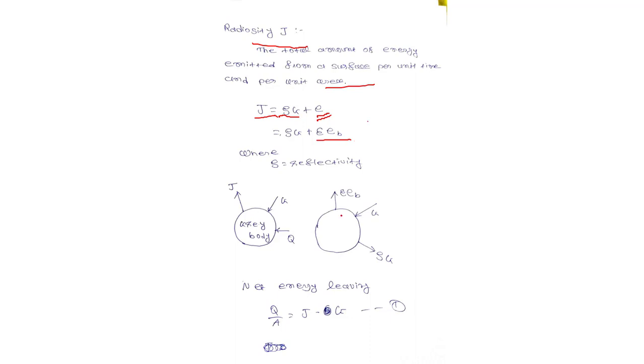Now consider a gray body in which heat is transferred through radiation, and this is the total energy from a surface.